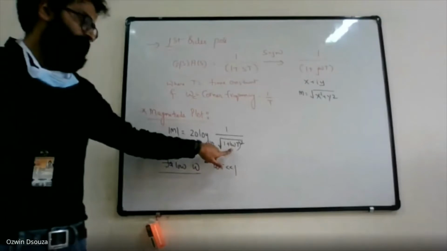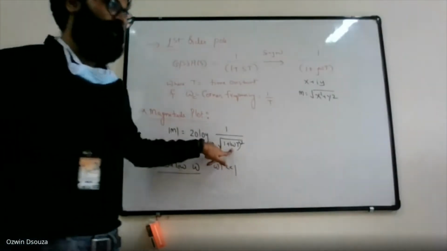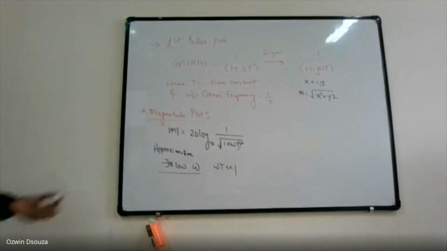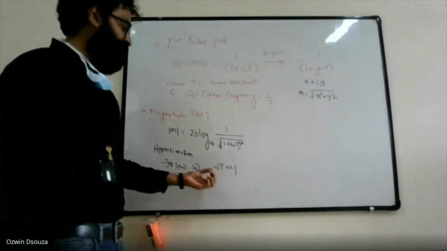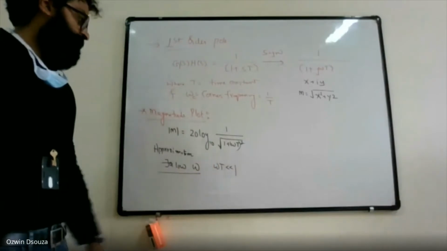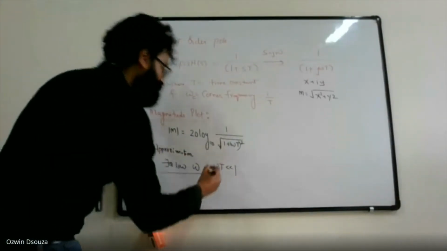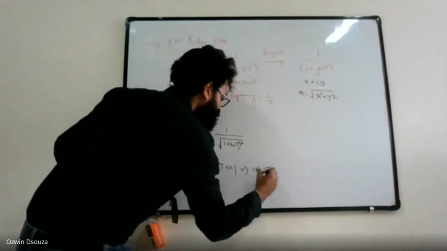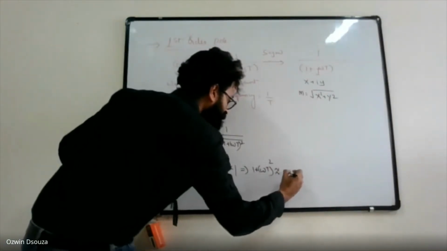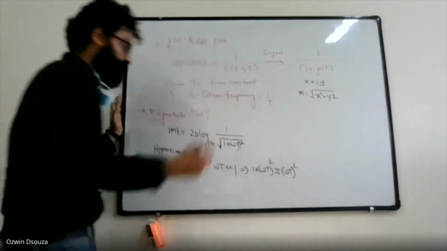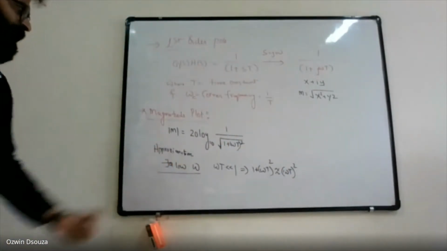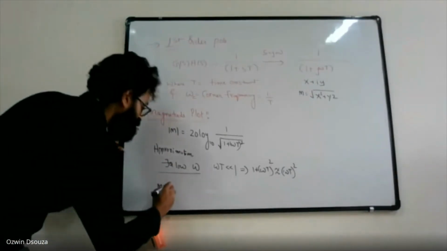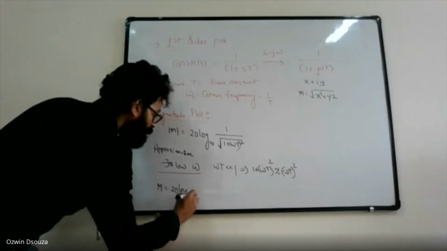So what happens? If, let's say, omega is 0.1, when you square 0.1, you will get 0.01. So this entire product becomes very, very small compared to unity. So you can write that 1 plus omega T the whole squared can approximately be written as 1. So with this approximation, you can write magnitude M is equal to 20 log to the base 10.